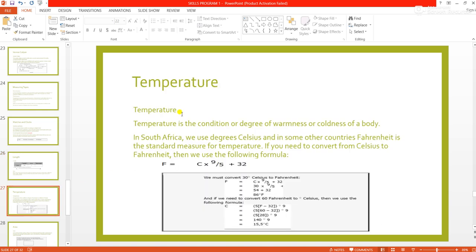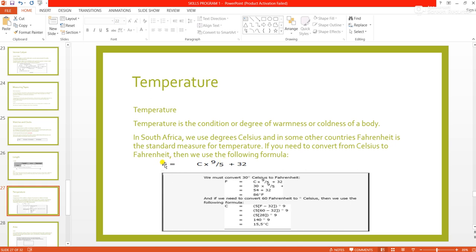So also you've got the temperature. Temperature is the condition or degree of warmness or coldness of a body. In South Africa, we use degrees Celsius, and in some other countries, Fahrenheit is the standard measure for temperature. If you need to convert from Celsius to Fahrenheit, then we use the following formula.